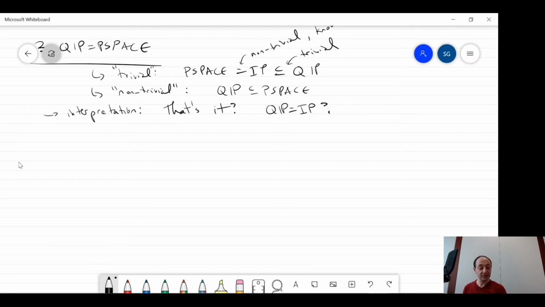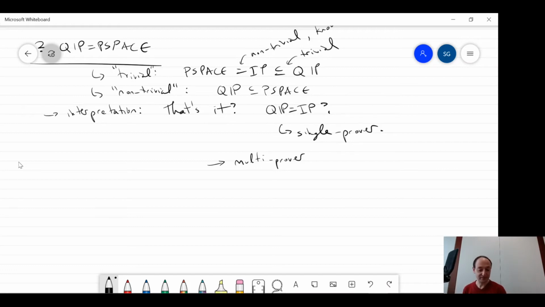Okay, so this is in the single prover setting. So there's one prover and one verifier. But you can go to the multi-prover setting, and there it's a totally, totally different story. So I'm going to undo your disappointment, if you will, and now I'm going to blow your minds.